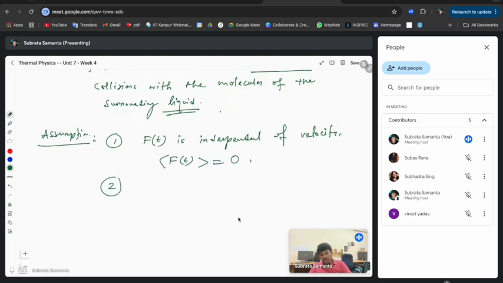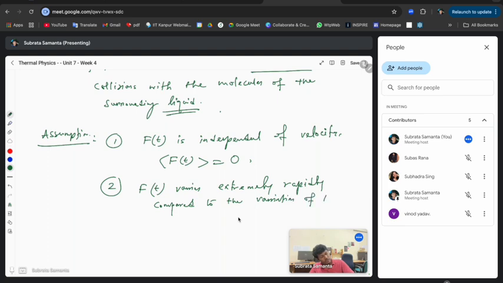Second, Ft varies extremely rapidly compared to the variation of the velocity.